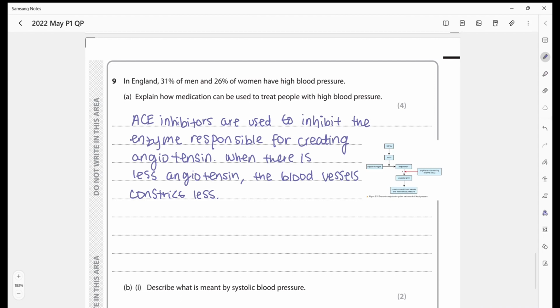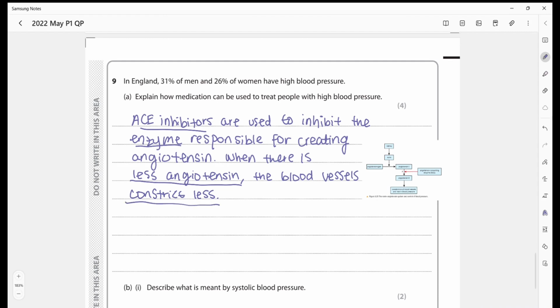All right, so these are the marks that you need to hit. ACE inhibitors inhibit the enzyme that is responsible for creating angiotensin. When there's less angiotensin, the blood vessels constrict less.